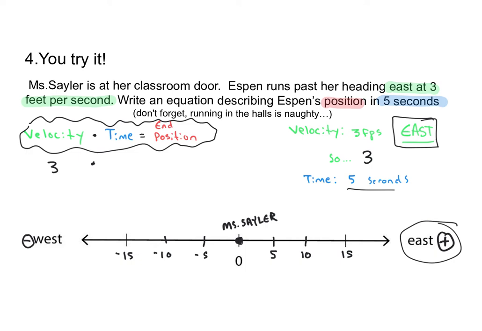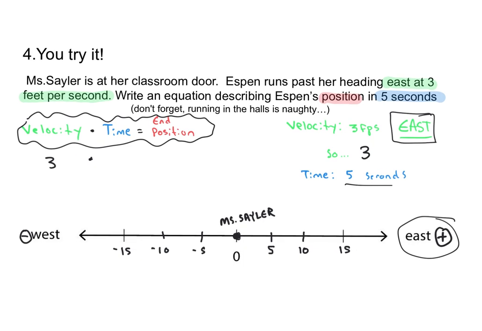So if time is positive, we know that a positive multiplied by a positive is going to be a positive. It's 15. But let's also look at what that would look like on this number line. So here's Espen running 3 groups of 5s. There's 1 group, 2 group, and 3 groups east. So we would say Espen was 15 feet east of Miss Sayler.